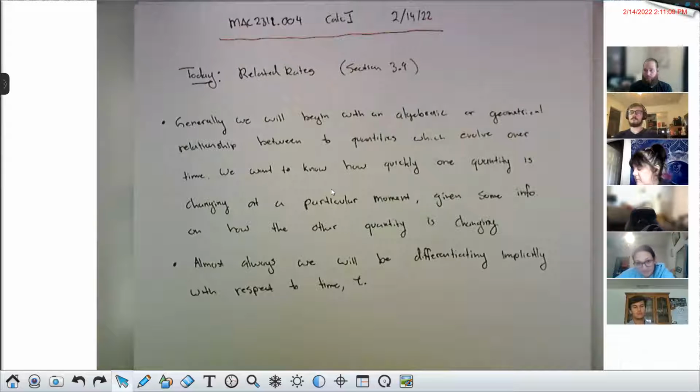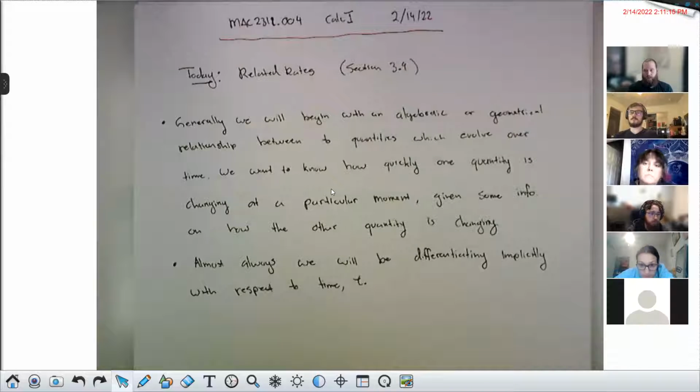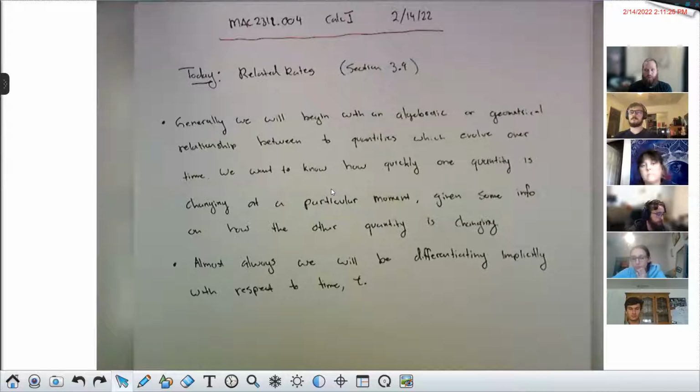And that was us thinking about the chain rule, thinking that y was implicitly a function of x. So when we differentiated, say, y squared, we would differentiate the outer and get 2y, but then we had to multiply by the derivative of the inner. And because y was implicitly a function of x, that meant multiplying by y prime.